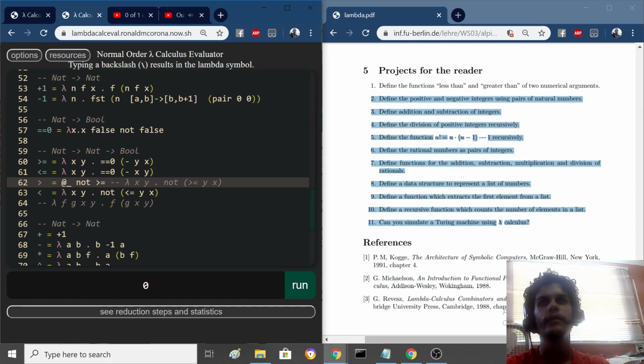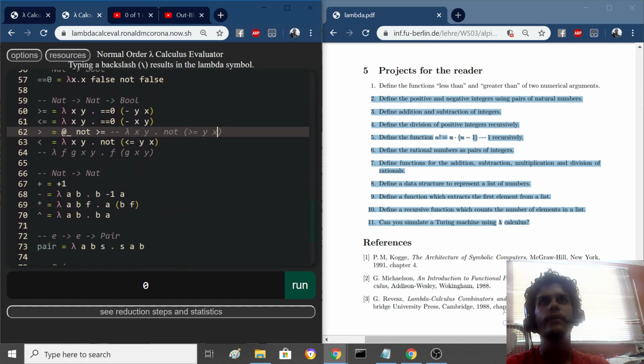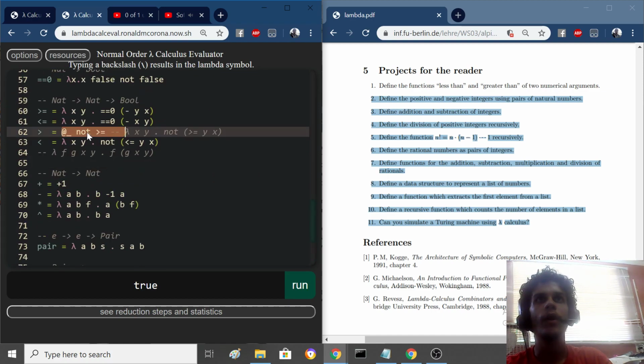Okay. Not yx. Strange. 5 is greater than 4. If anything, I might just not do that. 5 is... Oh, it's because I'm putting... Yeah, that makes sense.